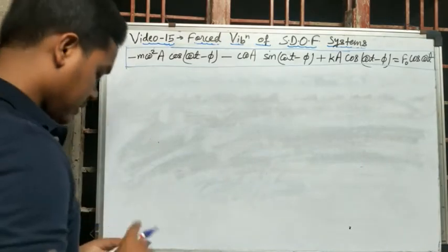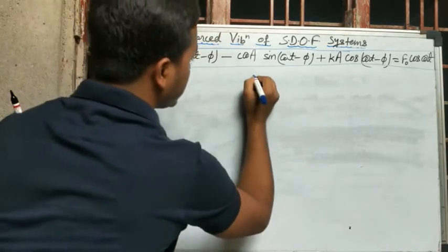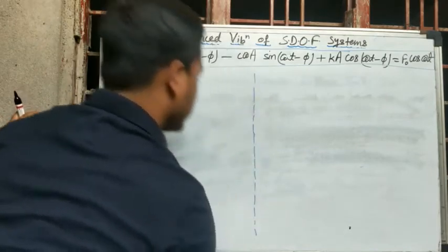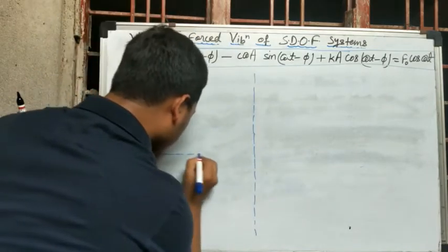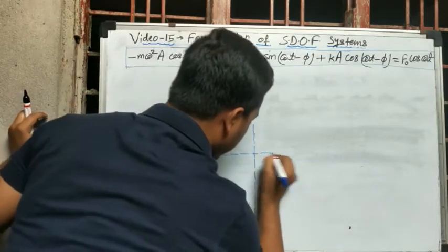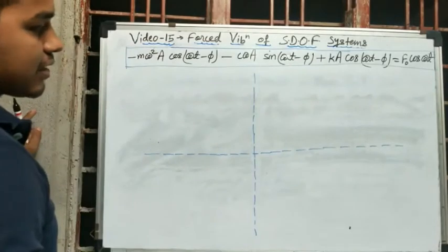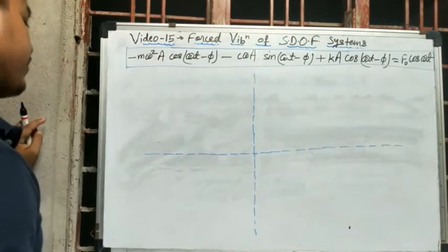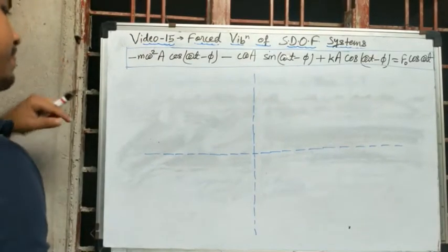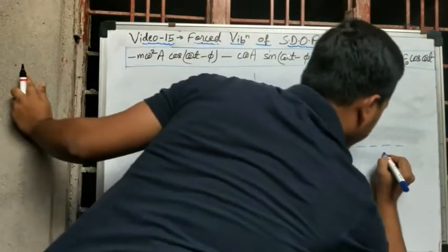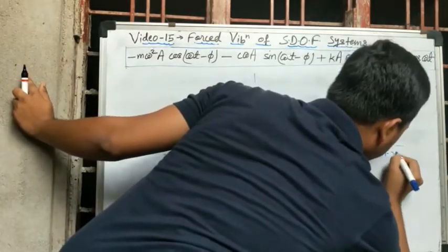Right. So to draw vectors, I'll have a vertical axis, the y-axis. I'm going to have an x-axis, horizontal axis, right? Okay. Now this side is positive x side.